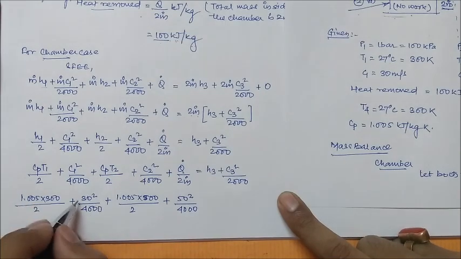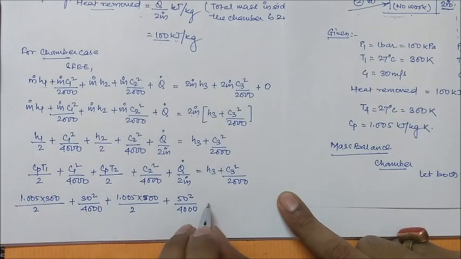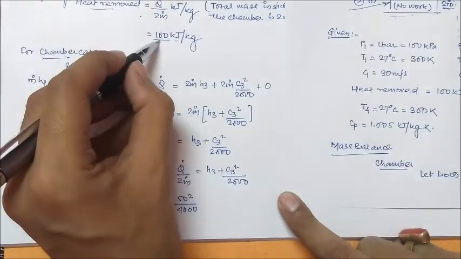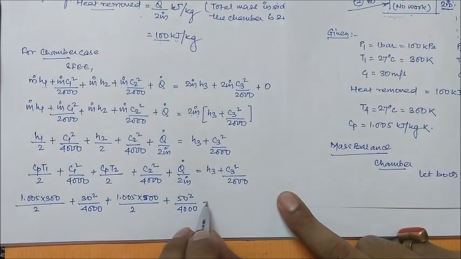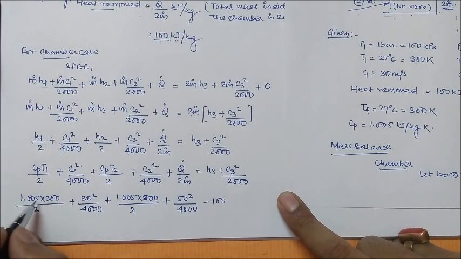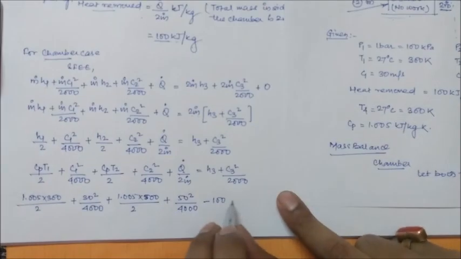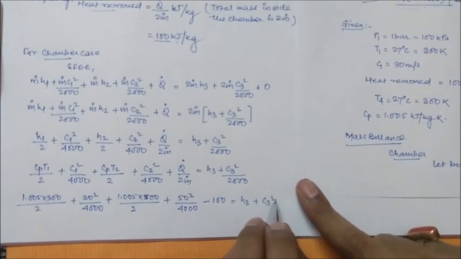And this is the heat removed, so it will be minus 100, everything in kilojoule per kg terms, and this is equal to H3 plus C3 square by 2000.